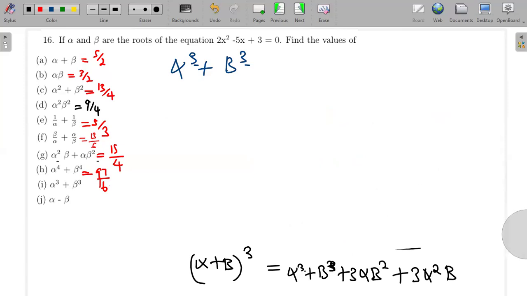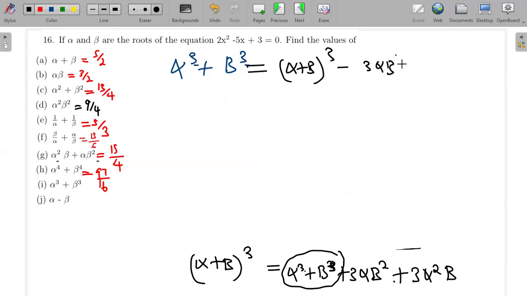If we make it the subject, then this is just going to be equal to, we leave this alone on this side, and the rest go to the other side. So that will be alpha plus beta to the power 3, minus 3 alpha beta squared, minus 3 alpha squared beta.